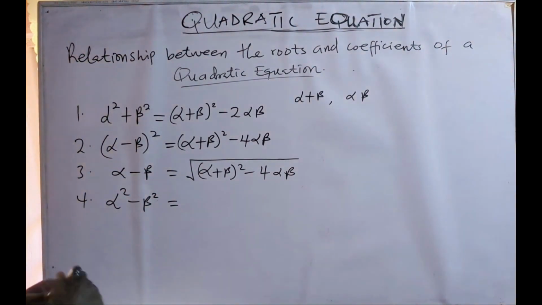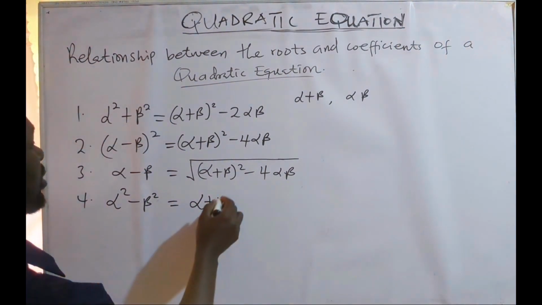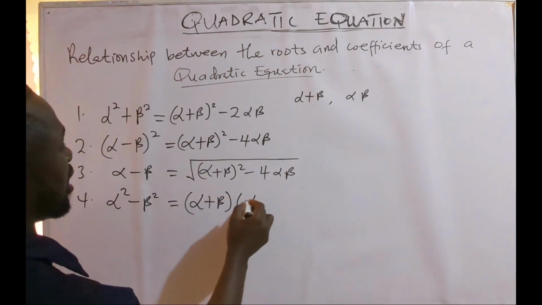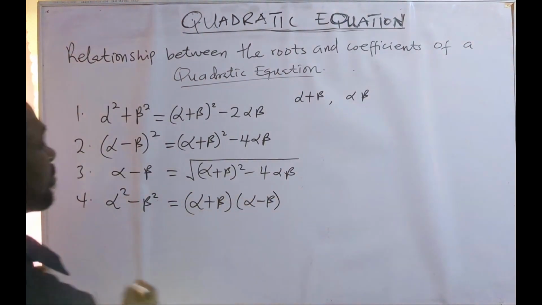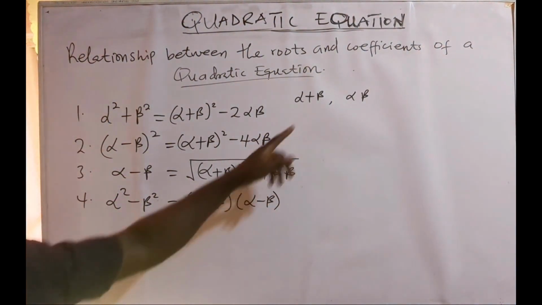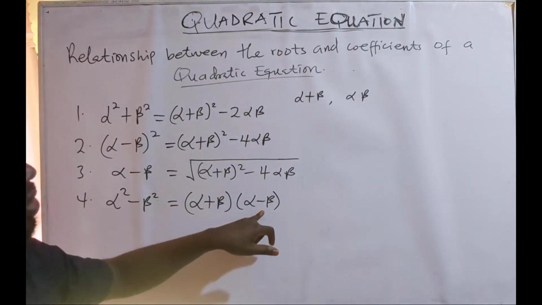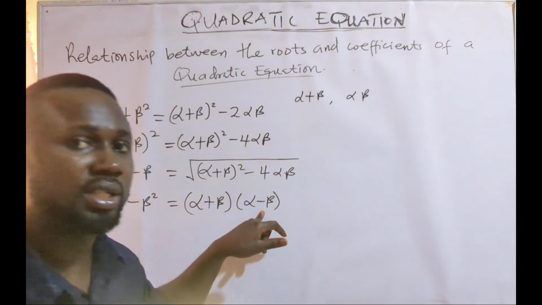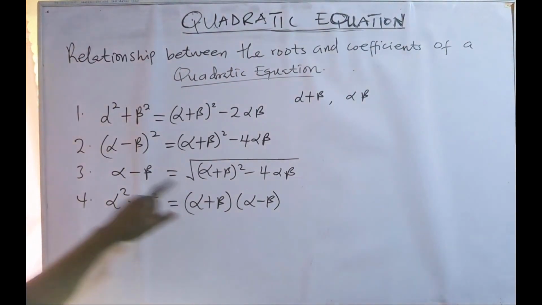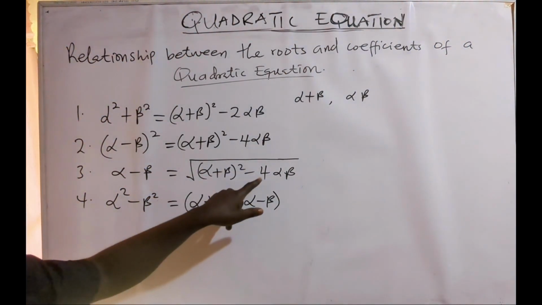So we can have alpha plus beta and then alpha minus beta. Alpha plus beta you can get from the quadratic because that is the sum of the roots. But alpha minus beta cannot be gotten directly from the quadratic. So what is alpha minus beta? That is the square root of (alpha plus beta) all squared minus 4 alpha beta.